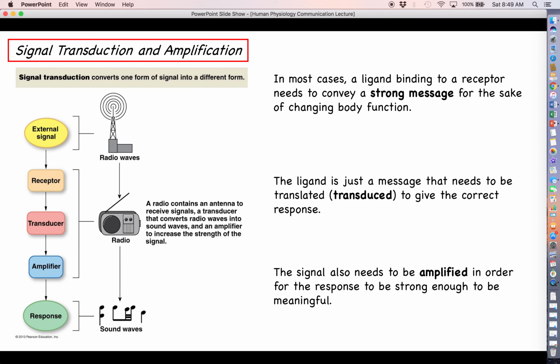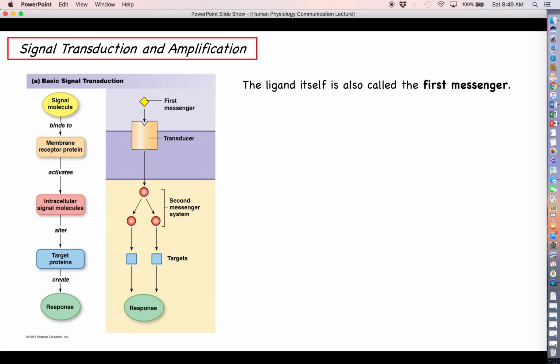So that's why the radio also has a means of amplifying the signal after the transduction has occurred, so that instead of hearing a very weak signal, we hear a very strong signal and we actually have music for us to listen to. So in any good cell signal transduction mechanism, we have to find a way to transduce the message of the ligand into something that the cell actually works with, and then we have to amplify it so that that response has the appropriate strength for what we need.